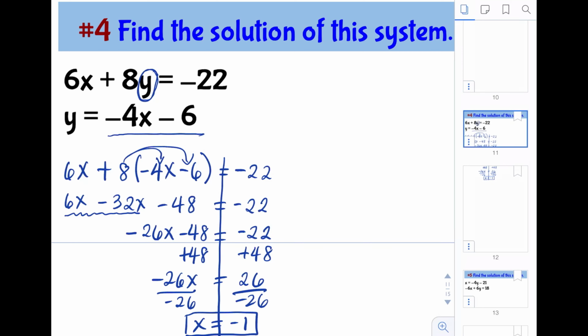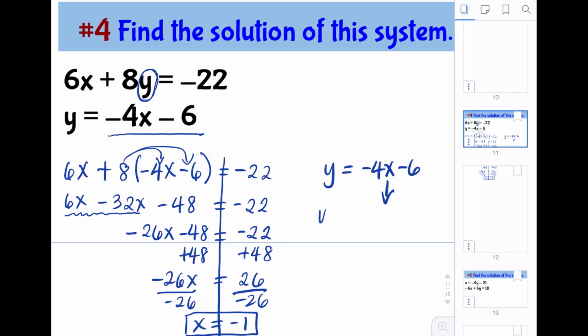Now that our x is negative 1, which equation is better to use when solving for the y? The second equation is better to use when solving for the y value. So we have y is equal to negative 4x minus 6, and we will substitute negative 1 to the x value.